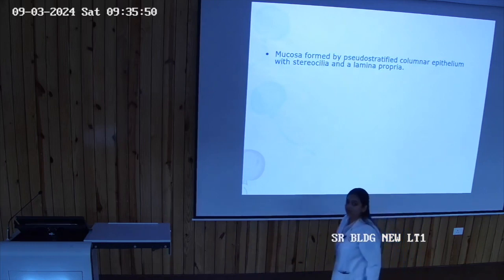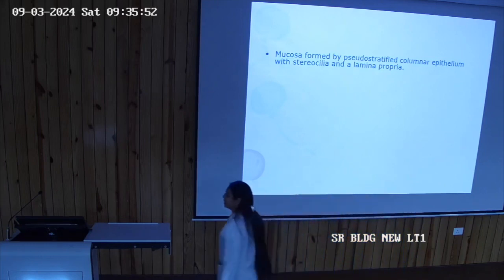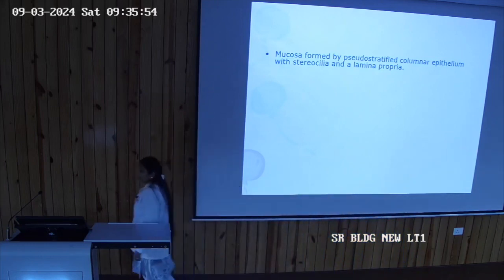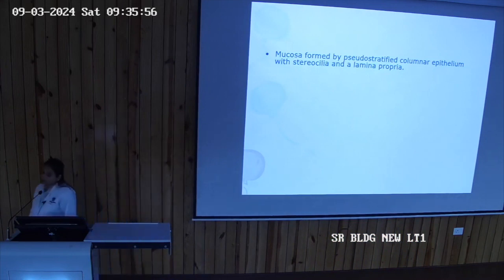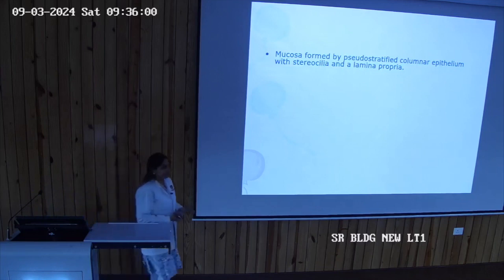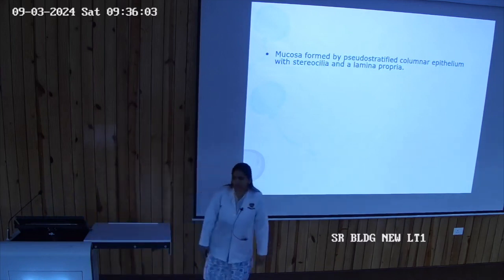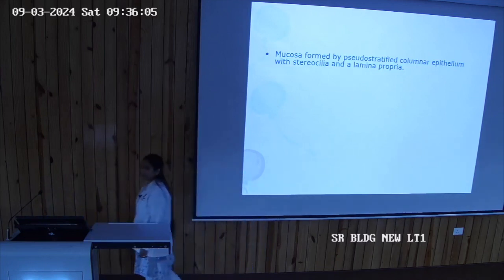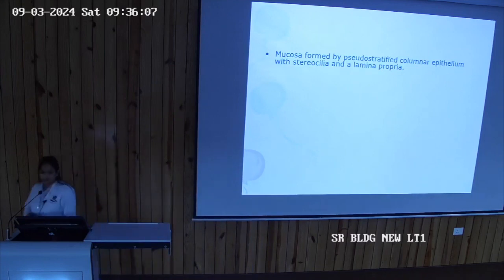Contraction of these muscles provides peristaltic movement for the passage of the sperm. And the outer adventitia layer is basically a loose connective tissue layer having blood vessels and lymphatics.